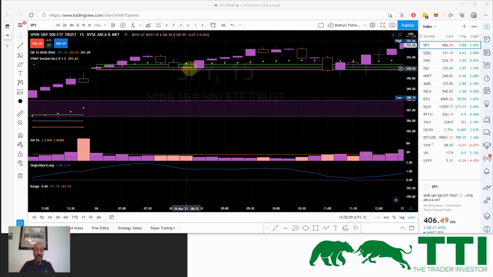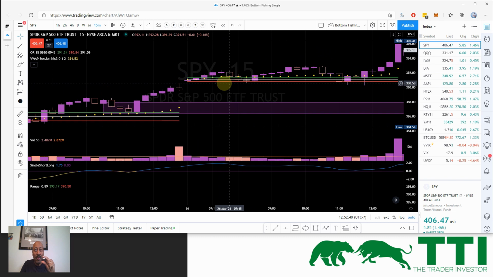If you're on the long side buying call options, you want it to close above the opening range, but not below the opening range low. So you want to make sure that this range is respected on a 15-minute close-by-close basis, that price has respected these boundaries. Price is not closing outside these boundaries. So that's very, very important.